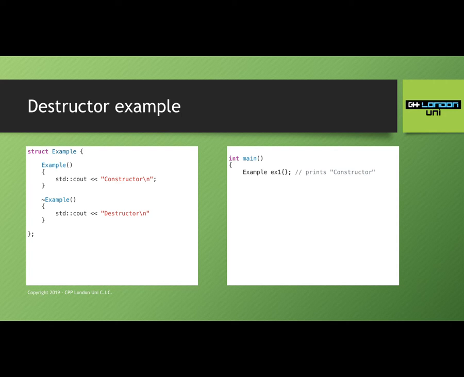As you might imagine, if we construct an example, it prints the word constructor. And then if we enter an inner scope and construct another example, we're going to get the word constructor printed again.